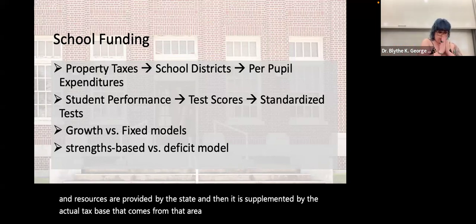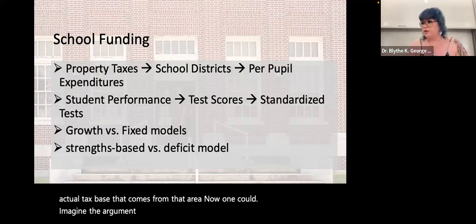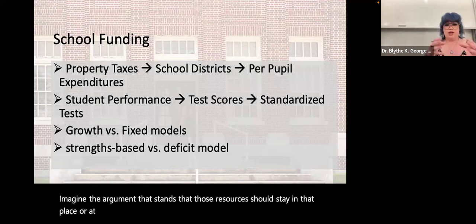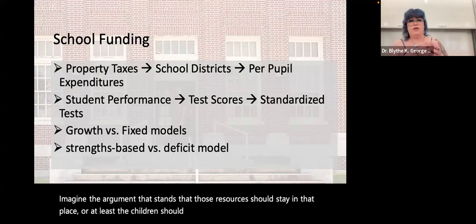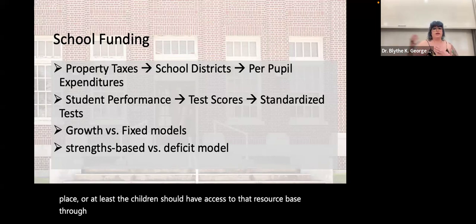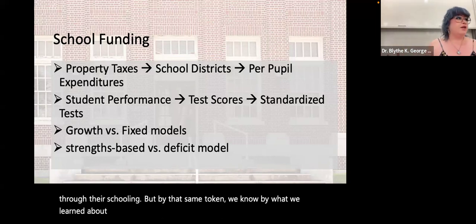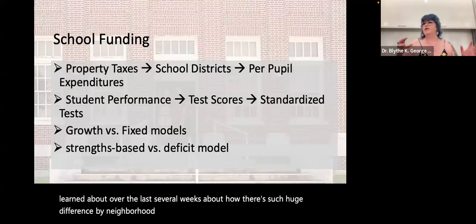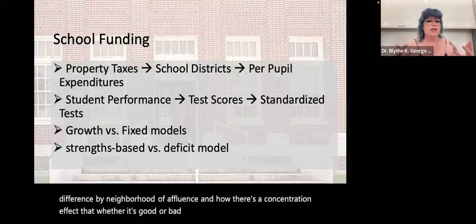Now, one could imagine the argument that stands that those resources should stay in that place, or at least the children should have access to that resource base through their schooling. But by that same token, we know by what we learned over the last several weeks about how there's such huge difference by neighborhood of affluence, and how there's a concentration effect that whether it's good or bad, it's going to keep going like that.